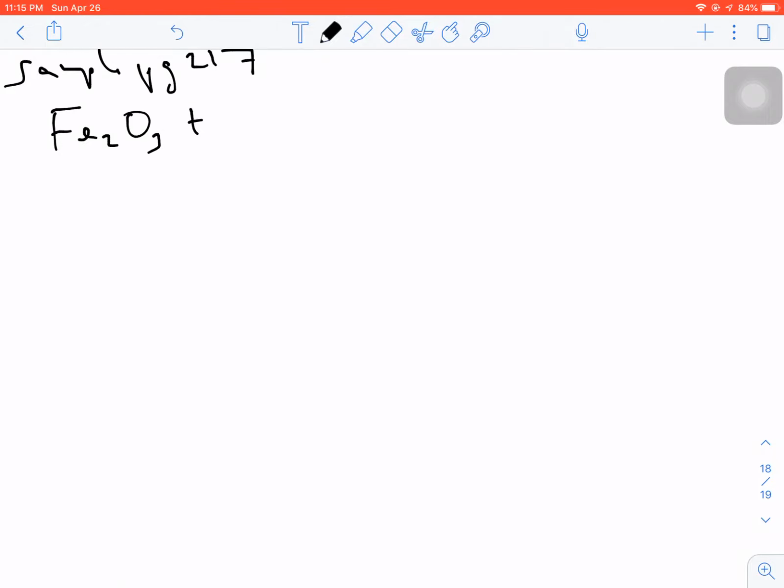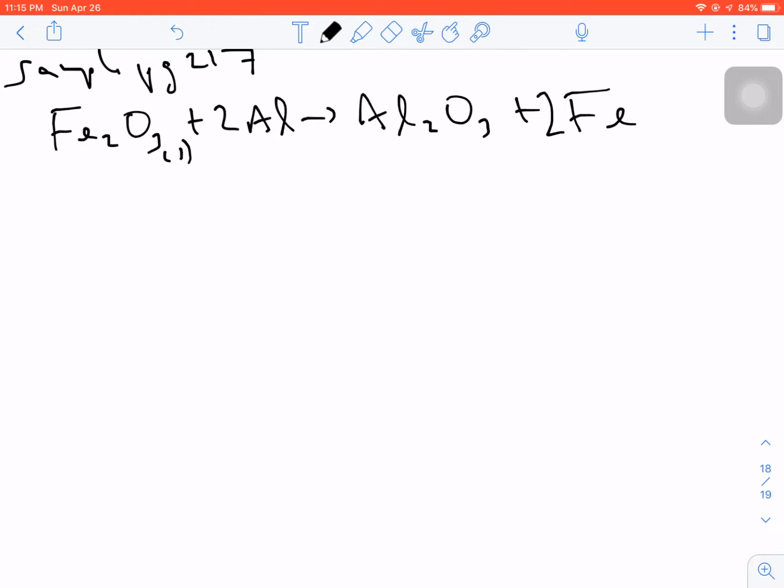So here's the reaction. Fe2O3 is going to react with solid powdered aluminum, and what I'm going to get is aluminum oxide and iron. It tells me in the textbook that this is solid, this is solid, this is solid, and this is a liquid.